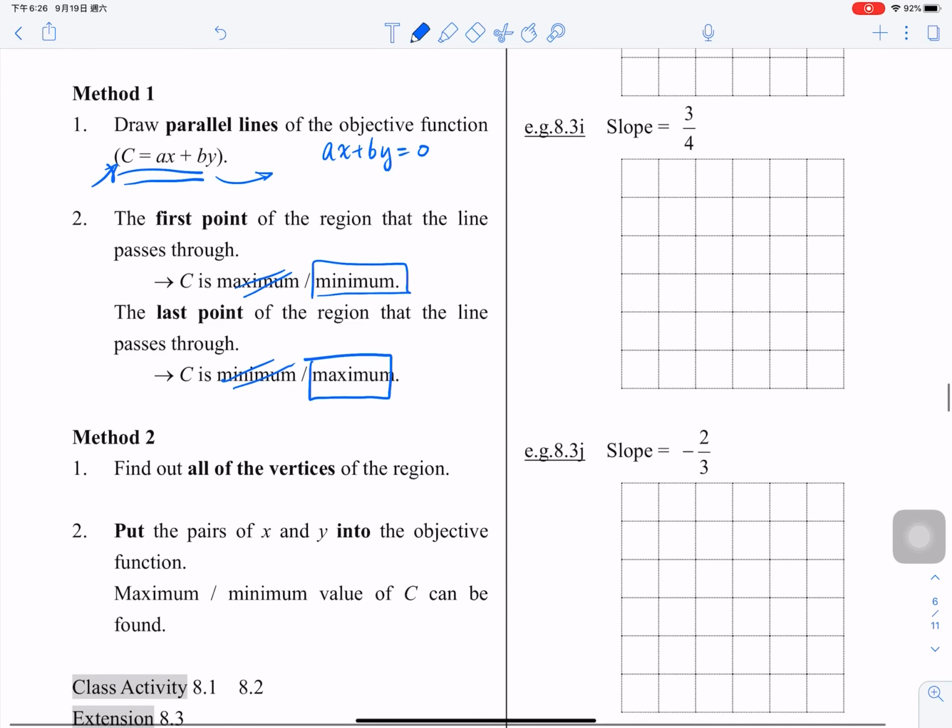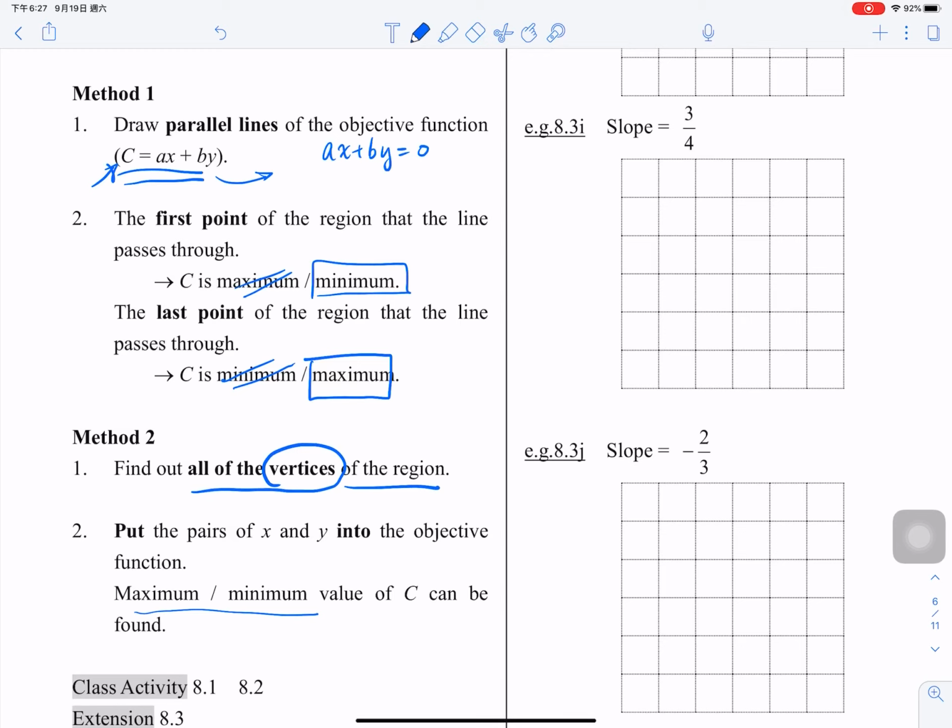Method 2: most probably we use all the vertices of the regions. Put the pairs of x and y into the objective function and find out the maximum or minimum value of C.